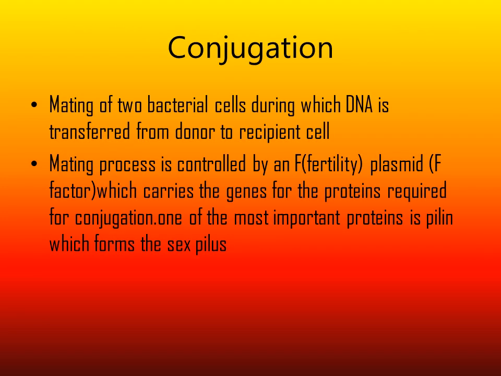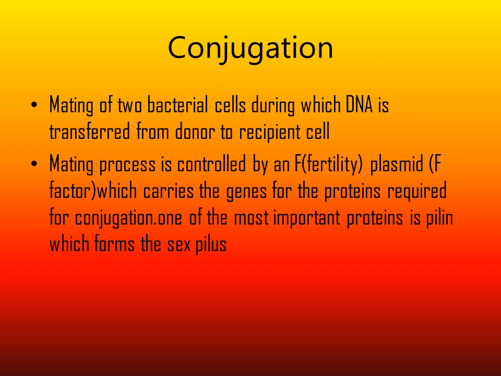Now the conjugation is the mating of two bacterial cells during which the DNA is transferred from the donor to the recipient cell. The process is controlled by a fertility plasmid which carries the genes for proteins required for conjugation, and one of the most important proteins is the pilin, which forms the sex pilus.